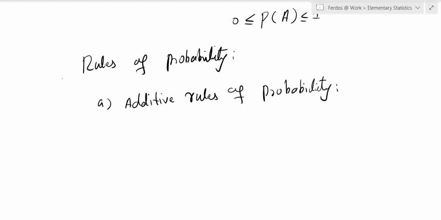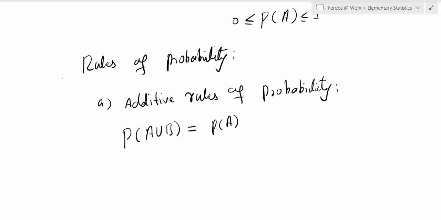You can apply the additive rule when there is a statement that asks to calculate the probability of event A or B, or the probability of the occurrence of either event A or B. So if you see either or or in the statement, you can use the additive rule of probability.